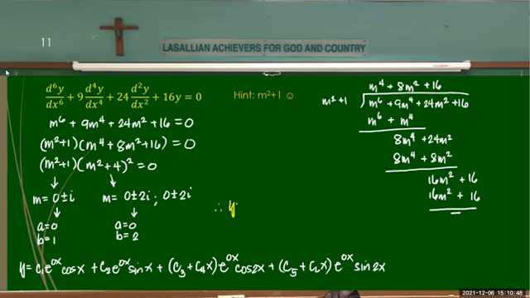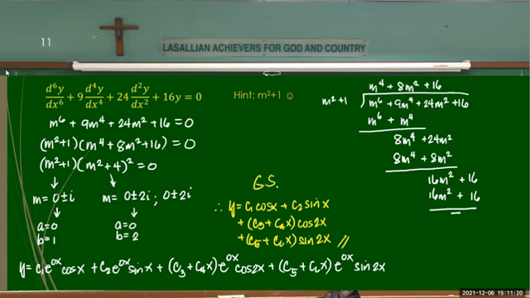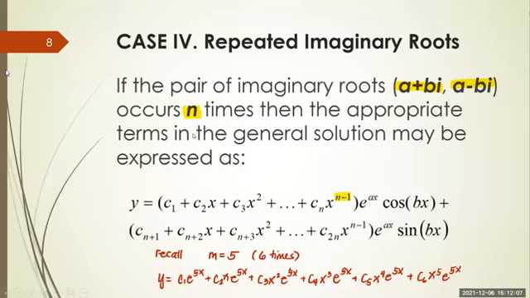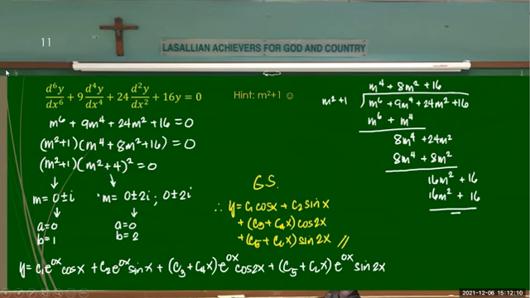If we arrange this, it's basically c1 cosine x plus c2 sine x plus c3 plus c4x cosine 2x plus c5 plus c6x sine of 2x, because all of their a's are 0. So that is your general solution. This one is a combination of case 3 and case 4, because case 3 appears only once, case 4 is repeated.